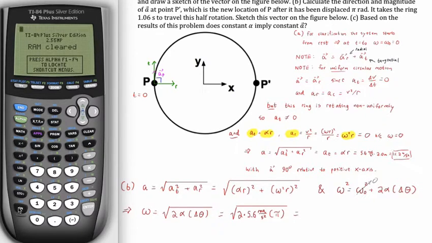If we plug in our values, let's do a square root, and we have 2 times 5.6 multiplied by pi.